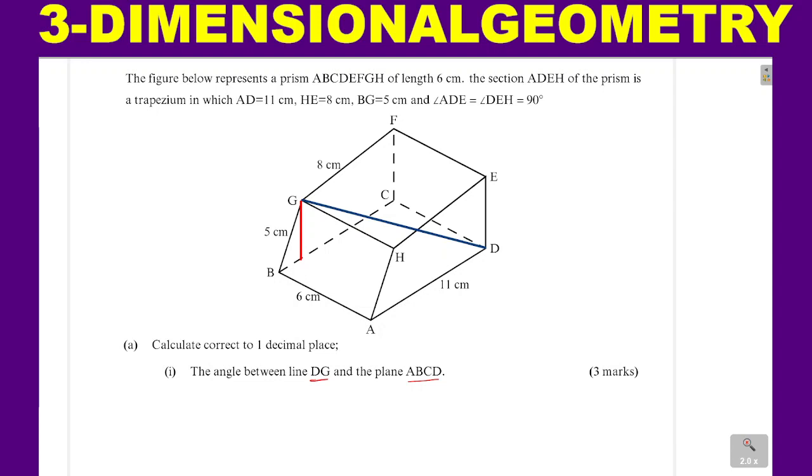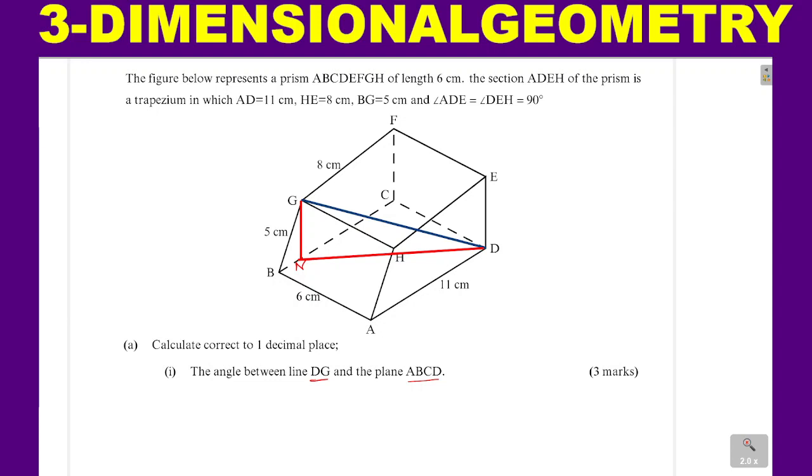We can name the point G is projected to with a letter that is not here, N. So G will be projected at N, that will be the shadow, and D will be projected where it is on that plane. Therefore, the projection of DG on the plane ABCD is this particular line here.